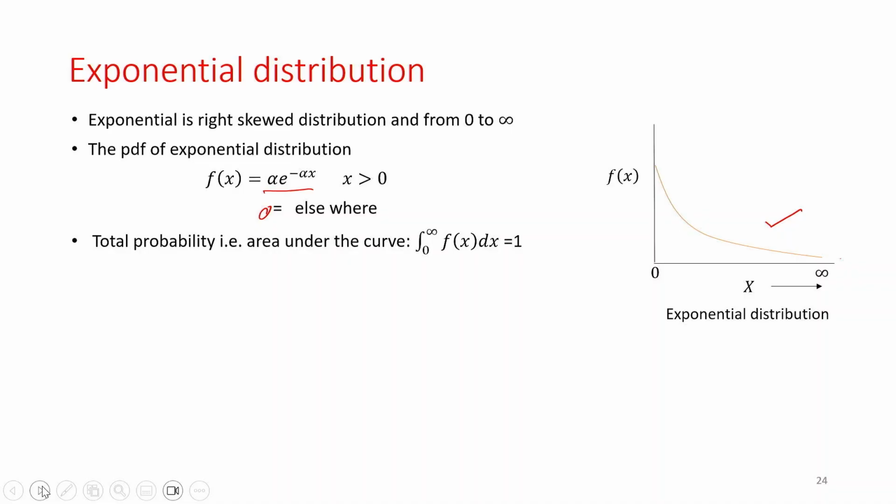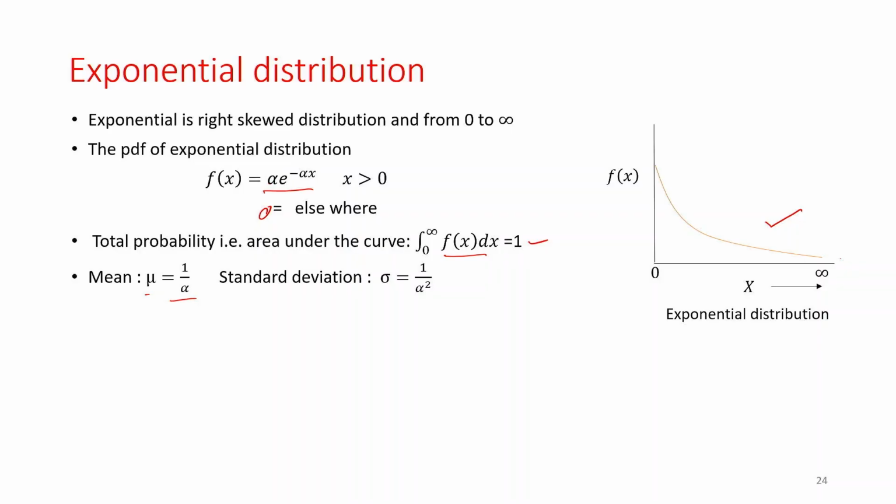Total probability, that is the area under the curve, basically means that I have to integrate this curve from 0 to infinity f(x) dx, and that value should be equal to 1. So total area under the curve, that is the total probability, is always 1. The interesting point is that the mean value of exponential distribution is 1 upon alpha. So alpha is a parameter of exponential distribution.